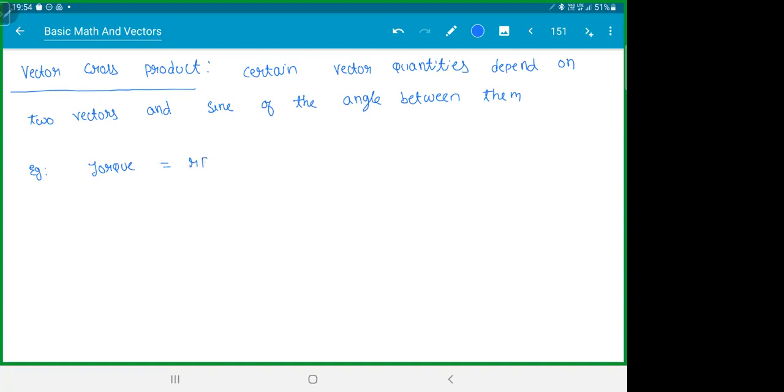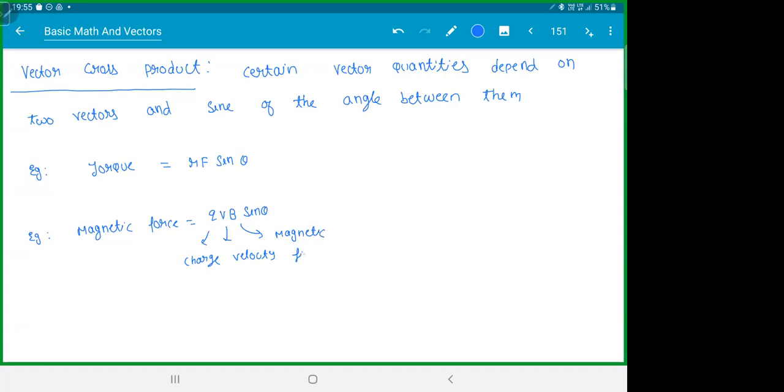Torque is R into F into sine theta. Another example, the magnetic force, which is Q into V into B into sine theta. This is charge, velocity, and B is called the magnetic field.